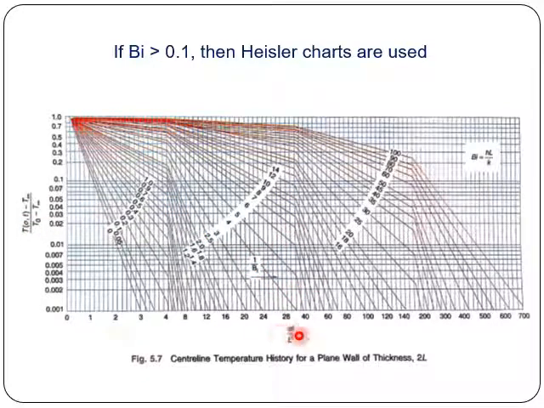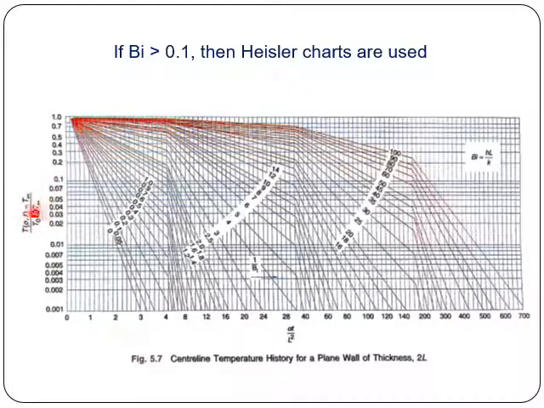Like suppose I get a Fourier number of 20, and I have 1 upon Biot number as 4. So with 20 and 4, I go up from this 20 vertically, and I have this 4, 1 upon Biot number as 4, so I go here, and when I draw a horizontal line wherever these two values intersect, I'll get the ratio of T0,t minus T infinity divided by T0 or Ti minus T infinity.